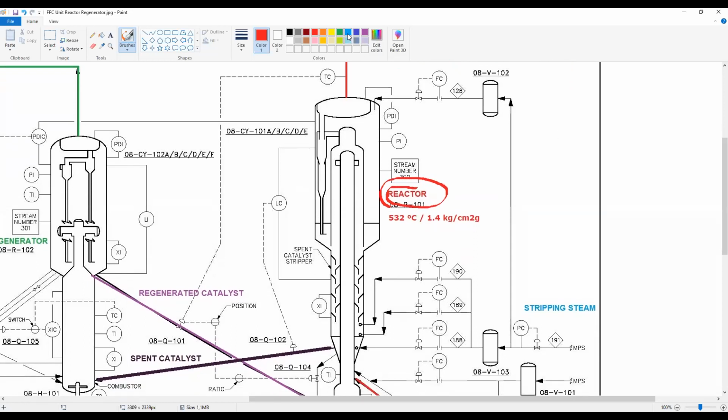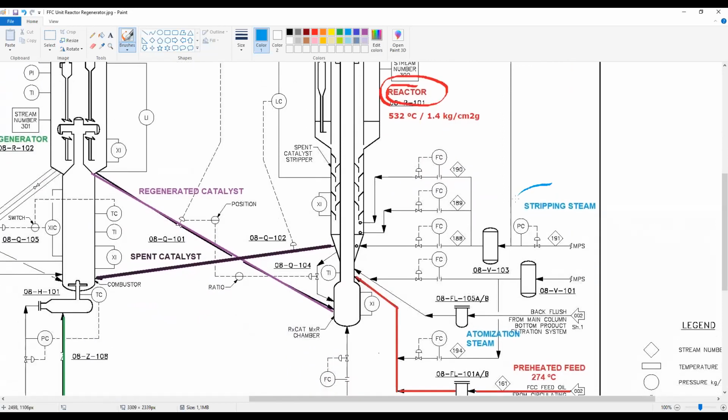So the steams that we have in the reactor: we have the stripping steam, remember, the stripping steam that goes to the reactor, and we will strip some of the adsorbed hydrocarbons in the catalyst.